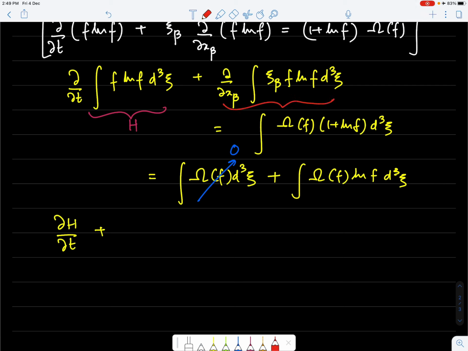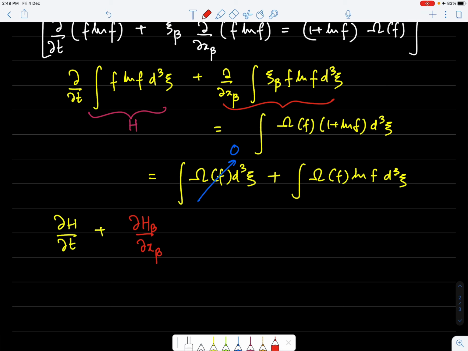this function, we essentially have integral of xi beta f log f d3 xi, and this whole d by dx beta of the integral of this function is sort of like the convective or the advective flux of h.